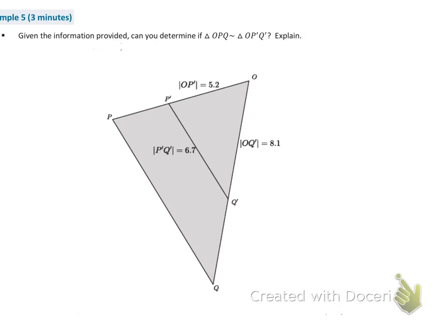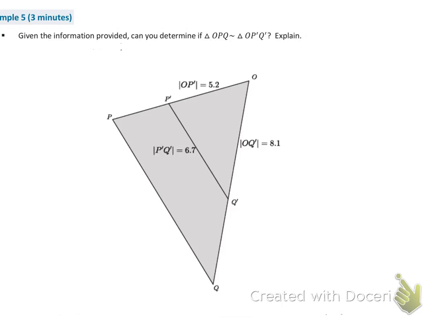Okay, in this next example, we are asked to determine if OPQ is similar to OP prime Q prime. And so we're given some things on this diagram and asked to explain. Okay, so we know they have one angle in common.